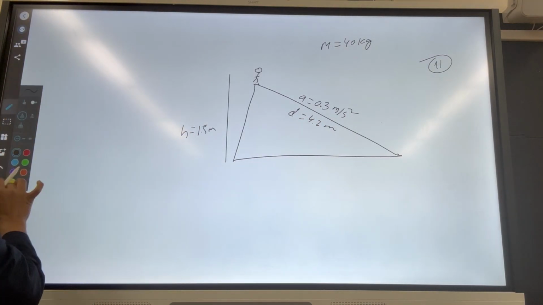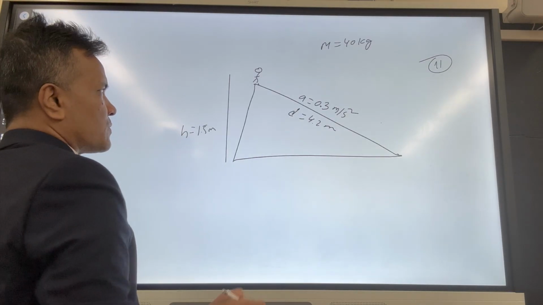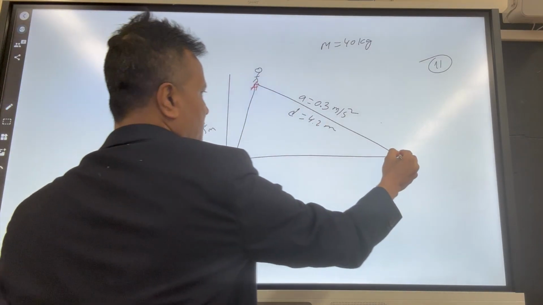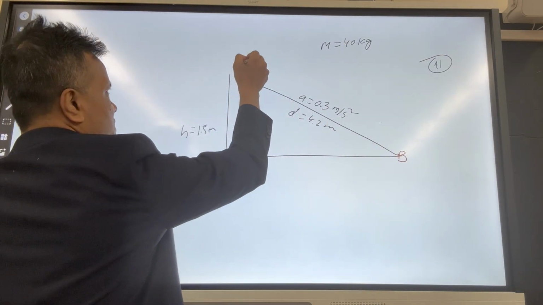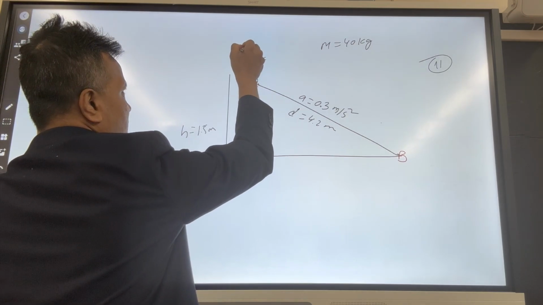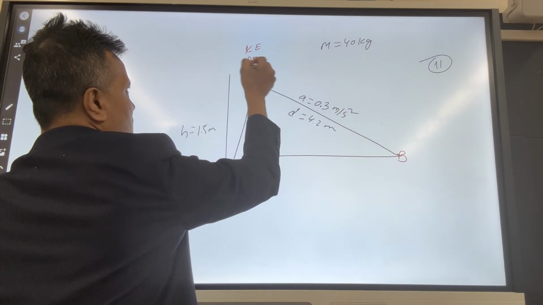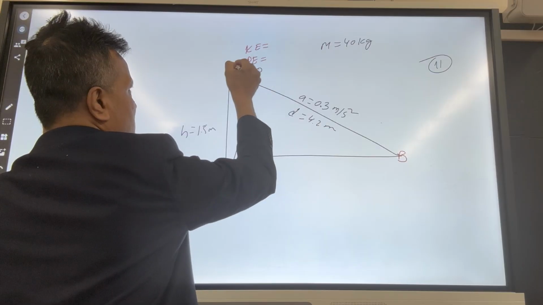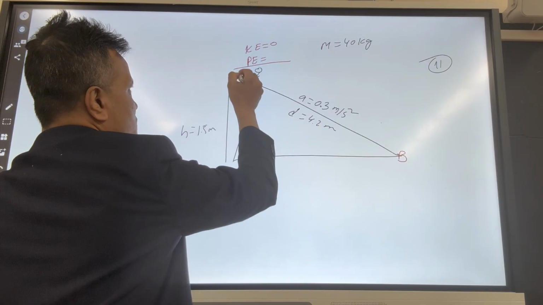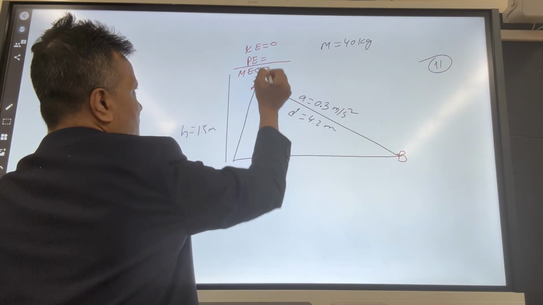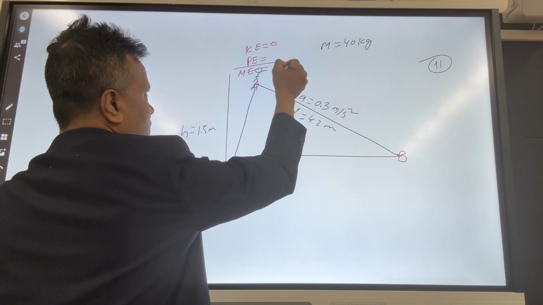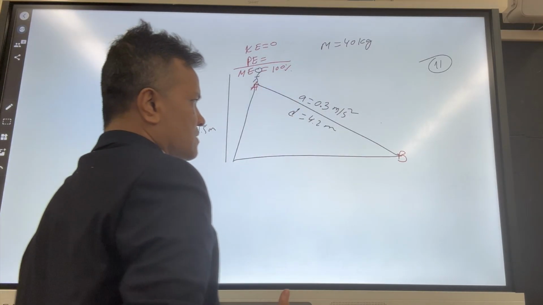The mechanical energy lost. What do we know about location A and location B? At location A, we have potential energy, and kinetic energy is 0. So we have a mechanical energy, which is 100%. We're going to replace 100% by whatever it is.